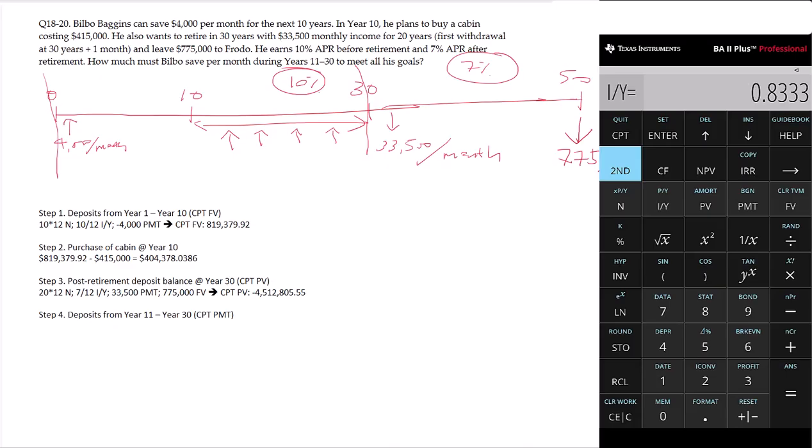And for the present value, what you started off with in year 10, okay, in your balance after the purchase of cabin was 404,378.0386. So that amount was still remaining in your bank account, right?